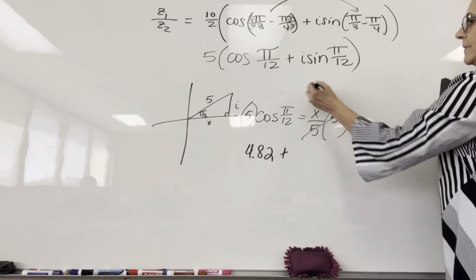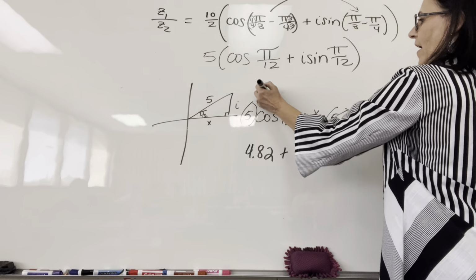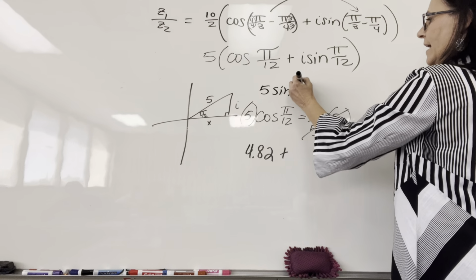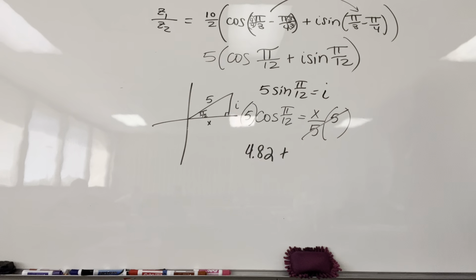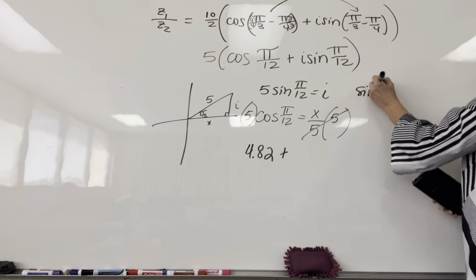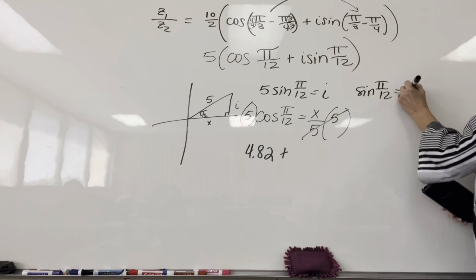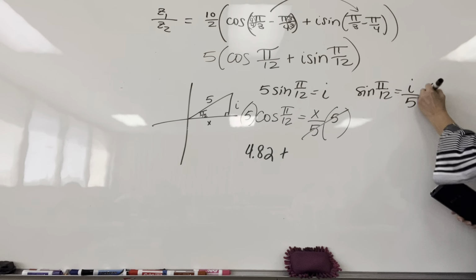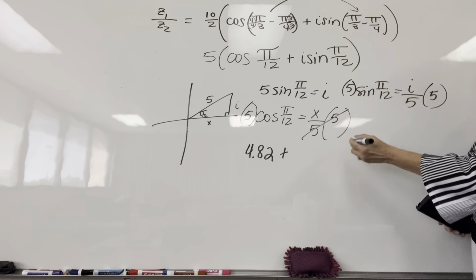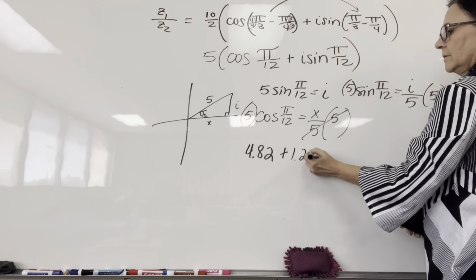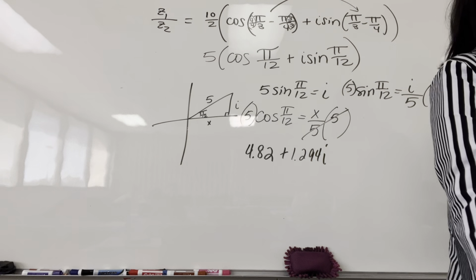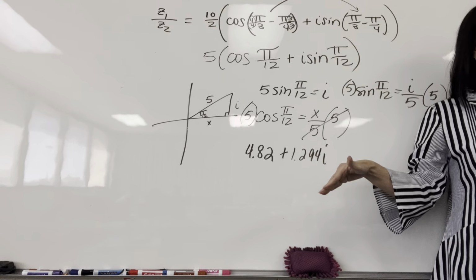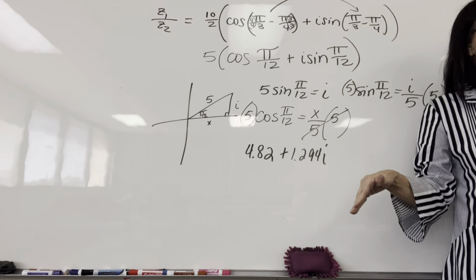So 5 times the sine of pi over 12 is going to be our I, because the sine of pi over 12 is opposite over hypotenuse. What'd you get, Nathaniel? 1.294. Thank you. So you can go from polar to complex. We use cosine and sine.